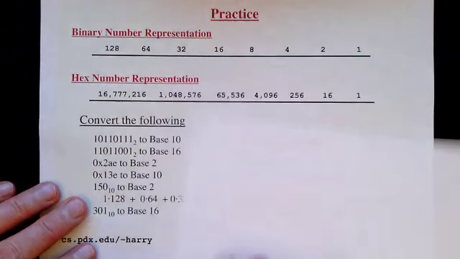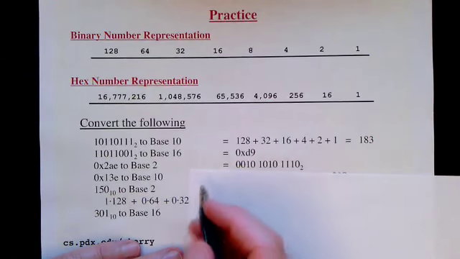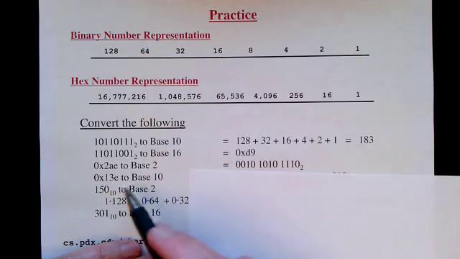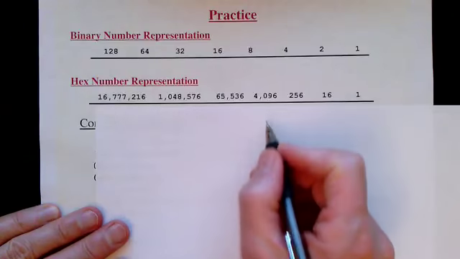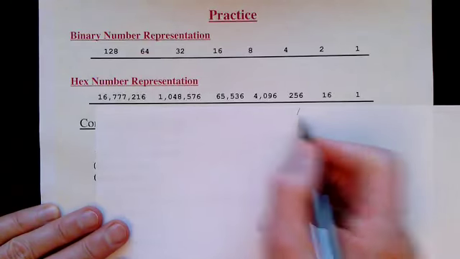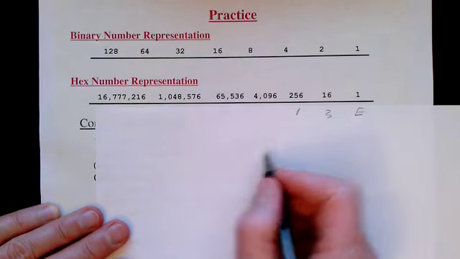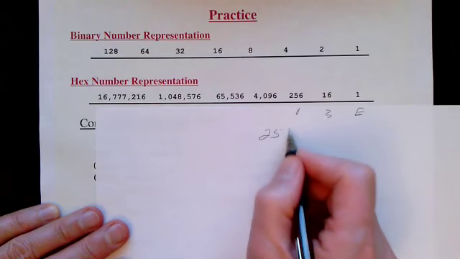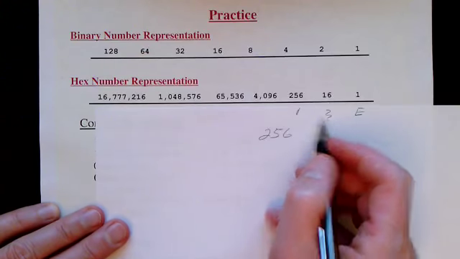Now we're asked to convert a hex number to base 10, and the number is 13E. So let me go up here to our hex and write 13E. So we've got 1 times 256, that's easy, plus 3 times 16. Well, 3 times 16 is 48.